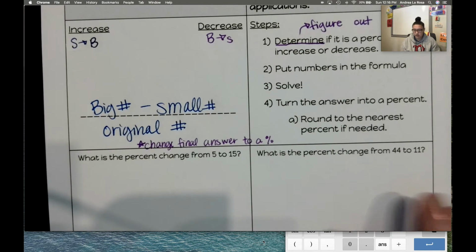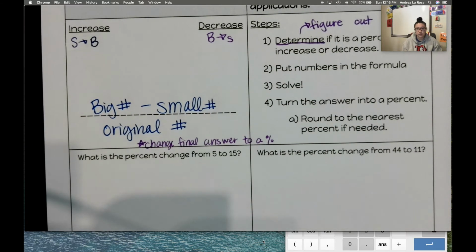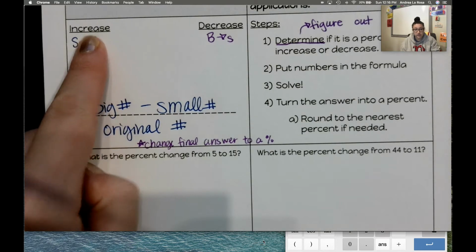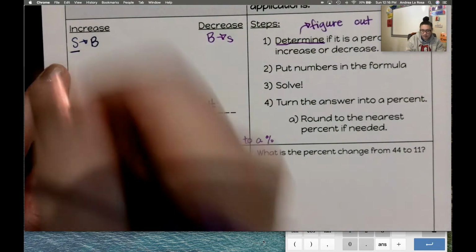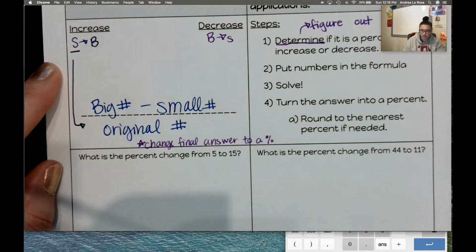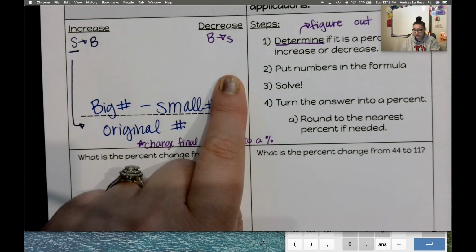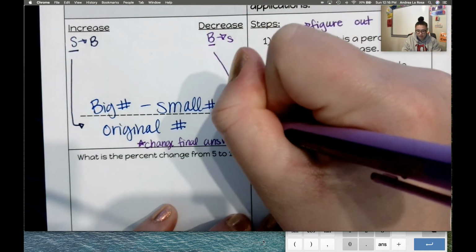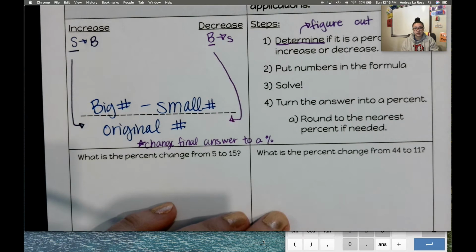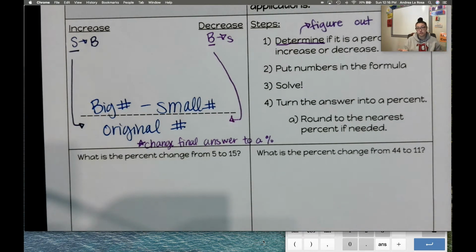Because if it's an increase, I'm starting with my small number, and my small would be my original. But if it's a decrease, I'm starting with my big number, and my big number would be my original. Again, we just have to read the question and see what it's asking us.